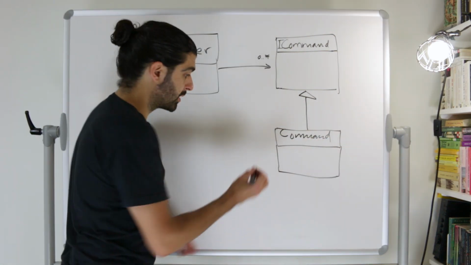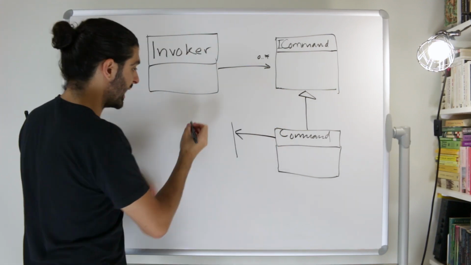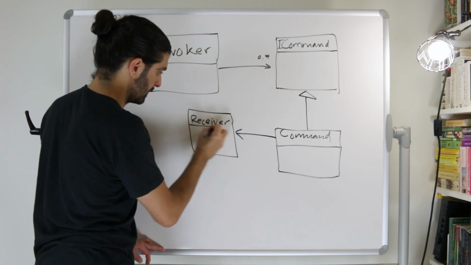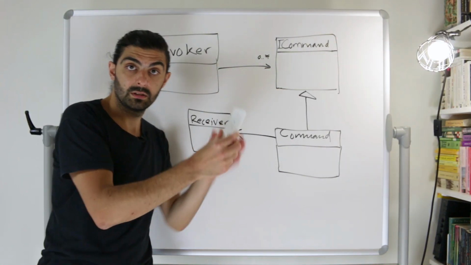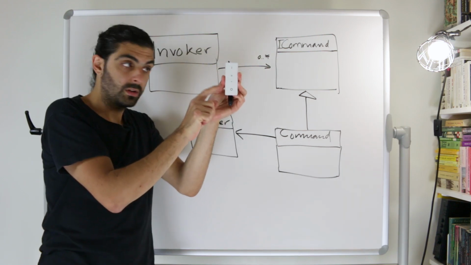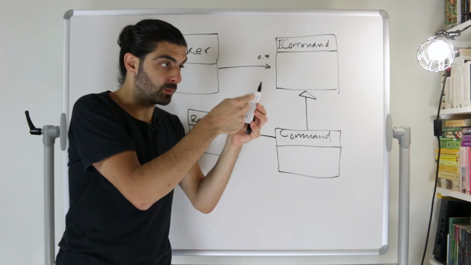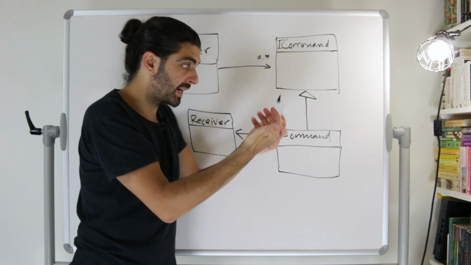And any particular command acts upon, i.e. has, a receiver. And the receiver is the lamp. So the invoker, the remote control, its buttons are loaded with commands, I commands. We define these as I commands.